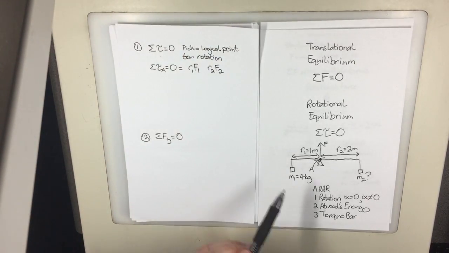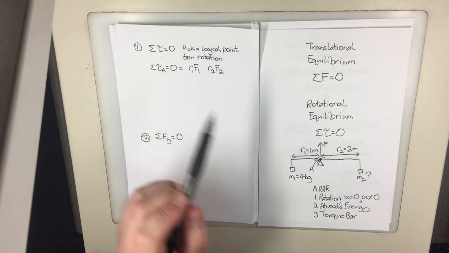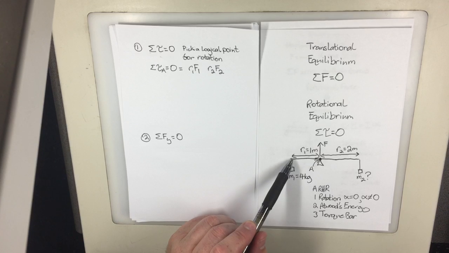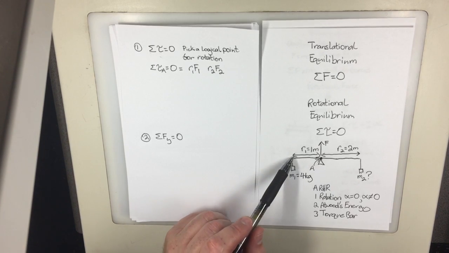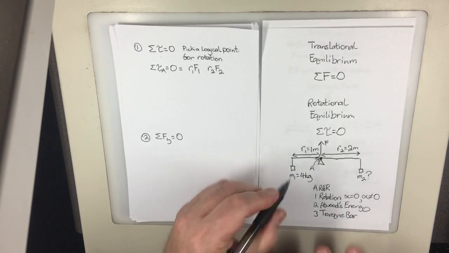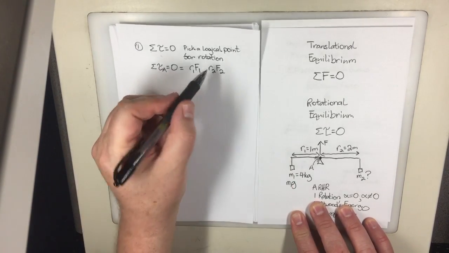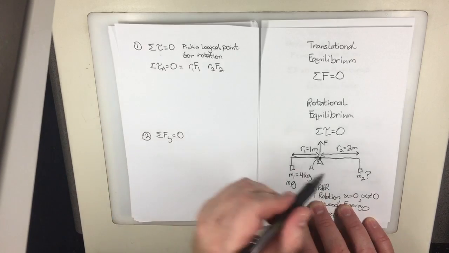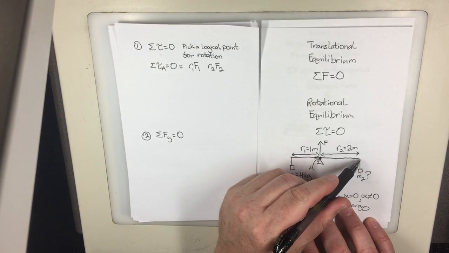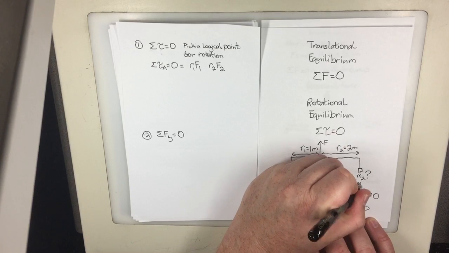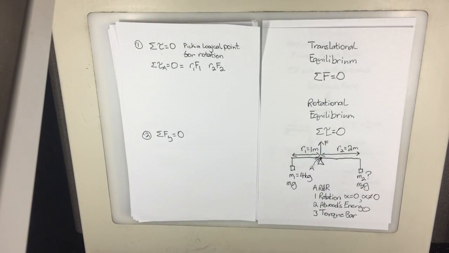Now the way that it's set up, torque 1 is the distance from the rotation point to the mass, or R1, times the force associated with M1, or M1G. Then R2, the distance from the rotation point to M2, multiplied by its gravitational force, or M2G.